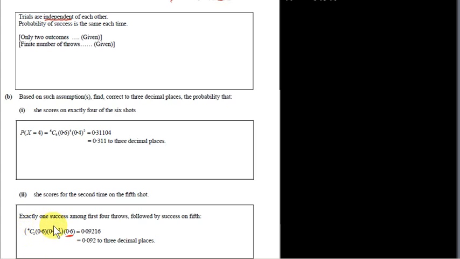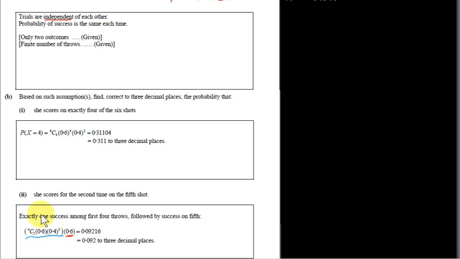In the first 4 throws, we just want her to score exactly once, because we want her second score to happen on the 5th throw. So we just want the probability of scoring once among 4 throws. So here we have a binomial distribution.